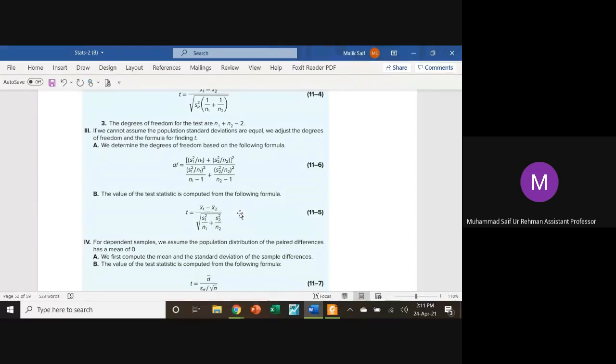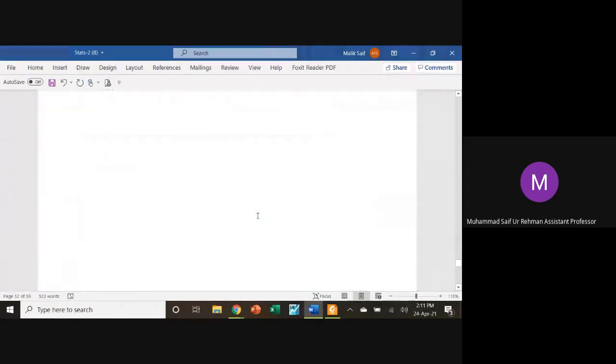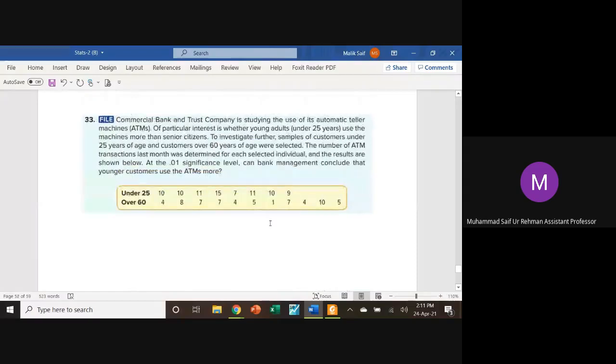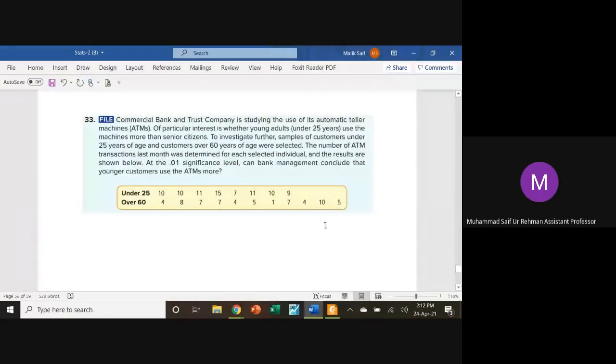In that situation, we use this formula. So for section B, I'm going to use one question where I shall take data into my account and then I shall try solving that. So section A, did we solve this question? No, sir. Okay, okay. So we can solve this question.